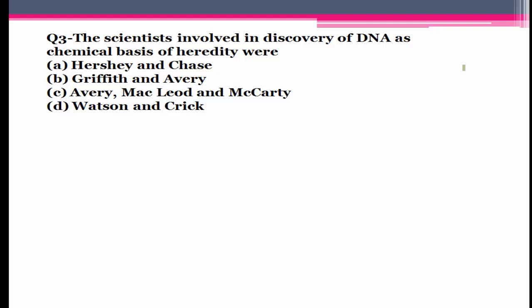The same experiment was continued by three biologists, Oswald Avery, MacLeod and McCarty, and finally they confirmed that DNA is the responsible molecule for the transformation of R strain into S strain. They called the experiment biochemical analysis of the transforming principle.